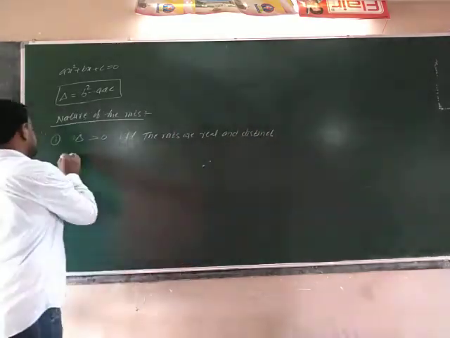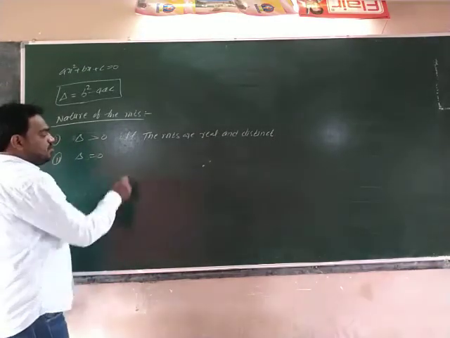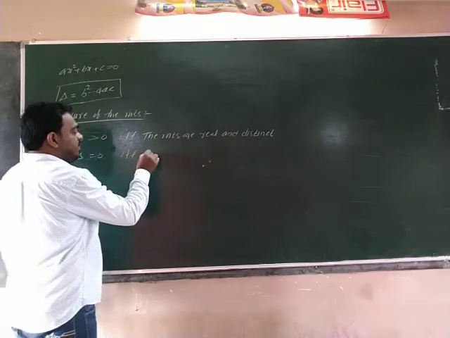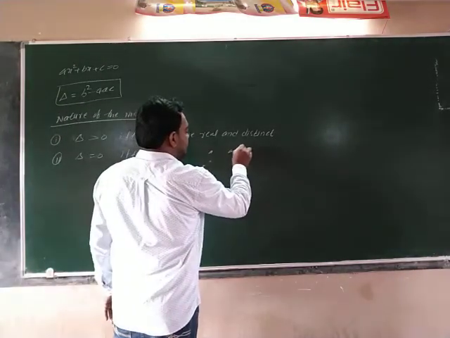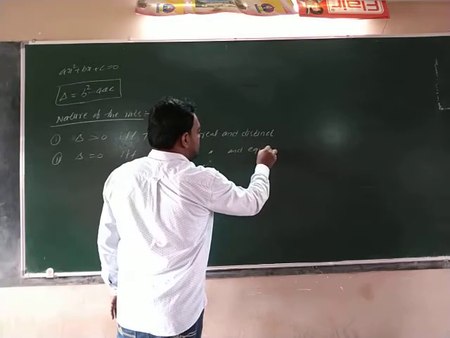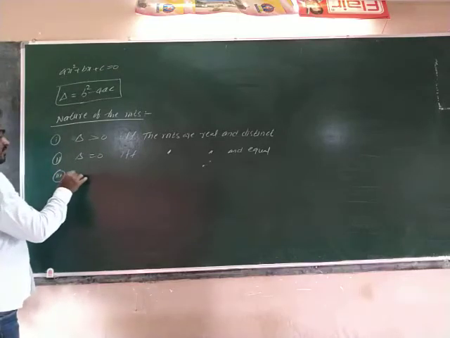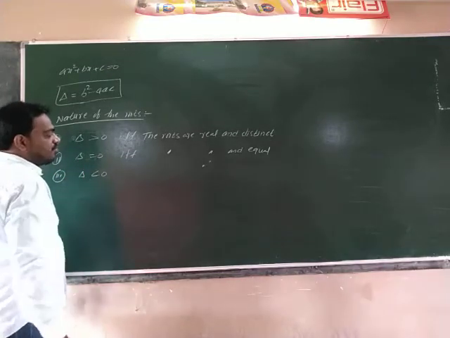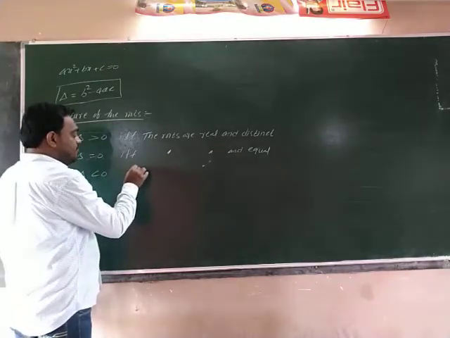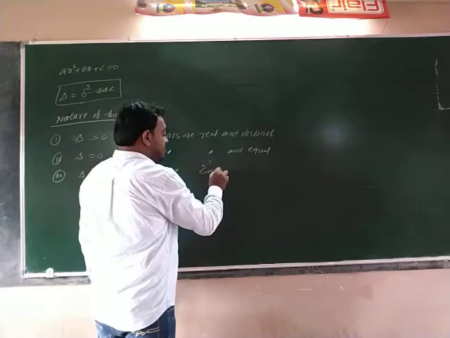Second one, delta is equal to 0, that is b square minus 4ac, the discriminant value, if and only if the roots are real and equal. Third one, delta is less than 0, negative, if and only if the roots are complex and conjugate.